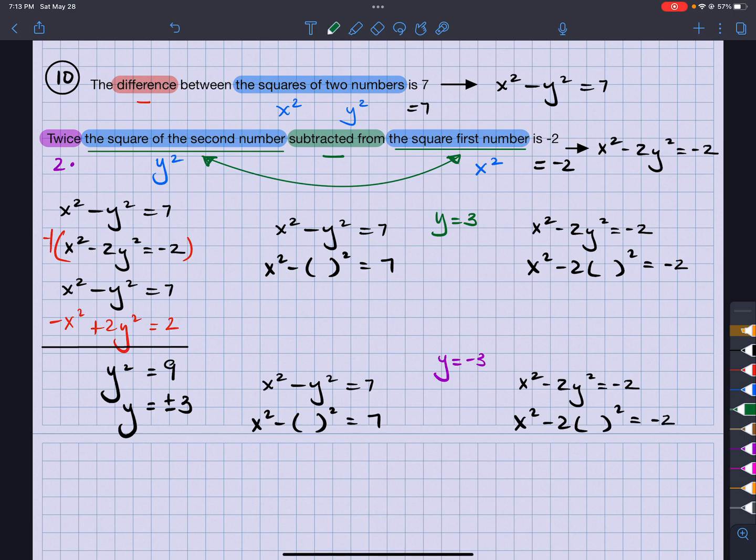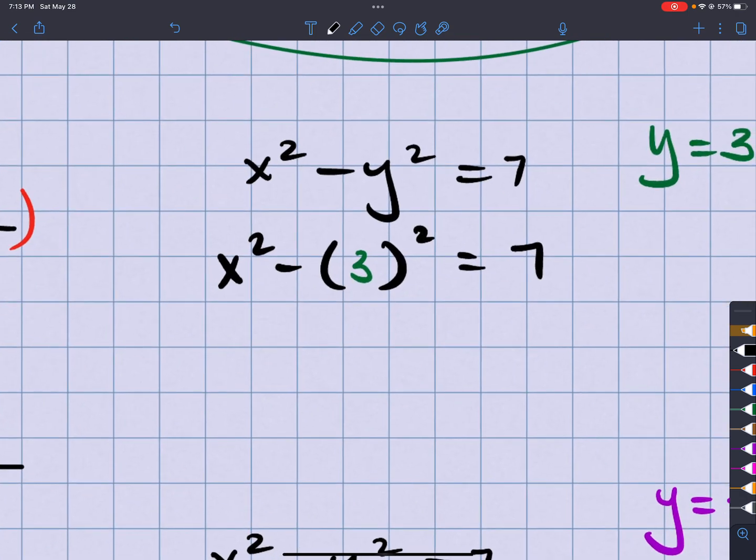So if I put the 3 in here, on the left it says that 3 squared is going to be 9. So it'd be a negative 9. If I add it over to the other side, it's going to be 16. So x is going to be equal to plus and minus 4.